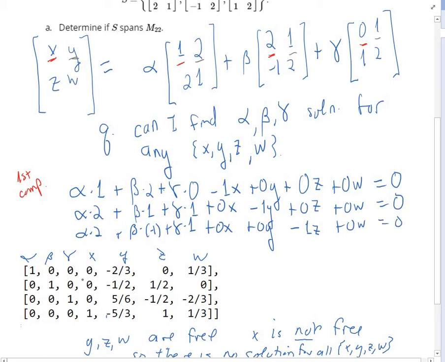And then there's one more equation, the w equation. It's going to be alpha times 1, plus beta times 2, plus gamma times 2. And then plus 0x plus 0y plus 0z, and then minus w is equal to 0.